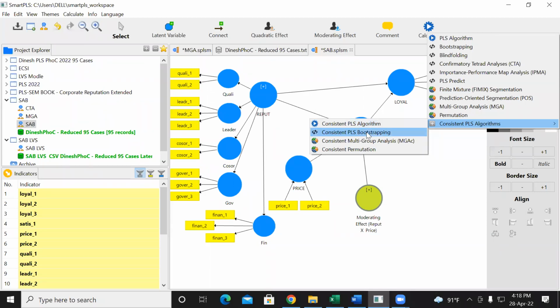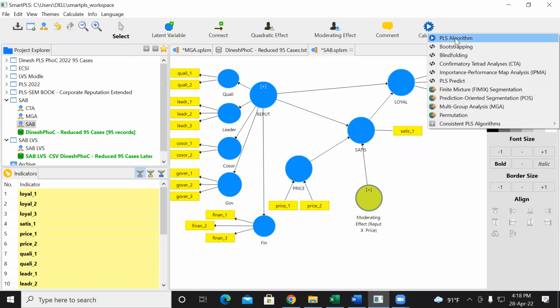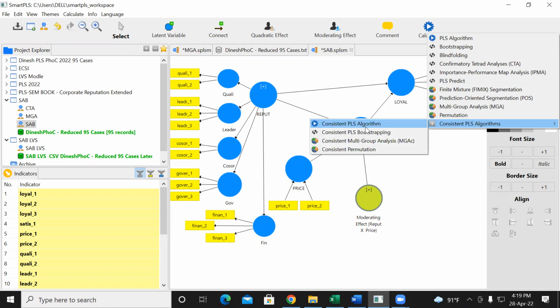After that, to get the t values and p values for significance, I will do the consistent PLS bootstrapping. Since the model is fully reflective, that's the case. In the reflective model, we use the consistent one, which was developed later. But traditionally for the formative one, we still use the normal regular algorithm and bootstrapping. Remember. Now here I will go for the consistent PLS algorithm.